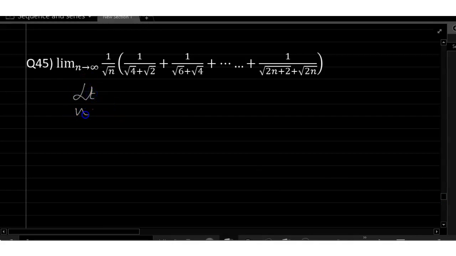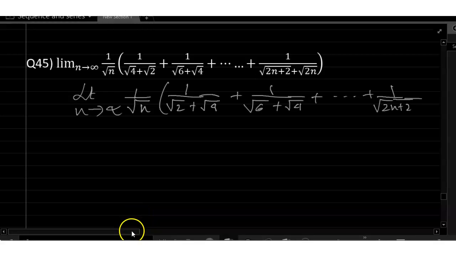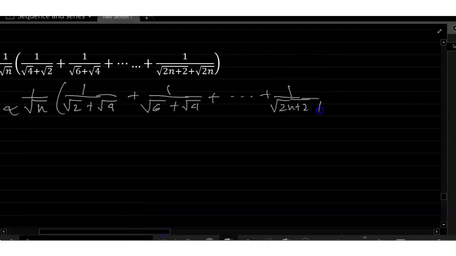Limit n tends to infinity of 1 by root n times, 1 by root 2 plus root 4, plus 1 by root 6 plus root 4, plus up to 1 by root 2n plus 2 plus root 2n.